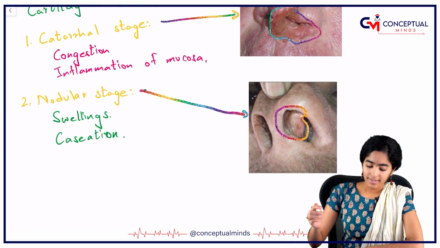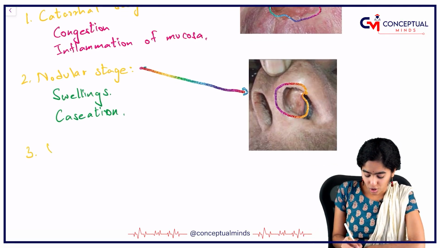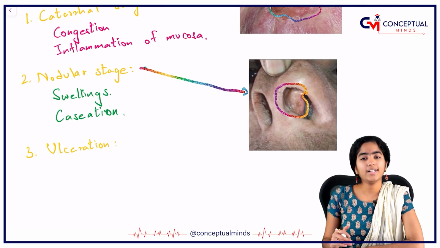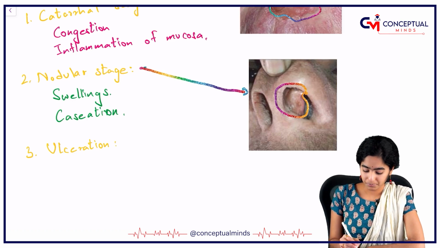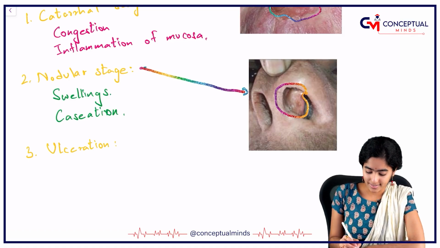Okay. Next, let us move on to the third stage, that is the stage of ulceration. The nodules of the previous stage will eventually rupture and lead to formation of ulcers. Nodules rupture and give rise to ulcers.